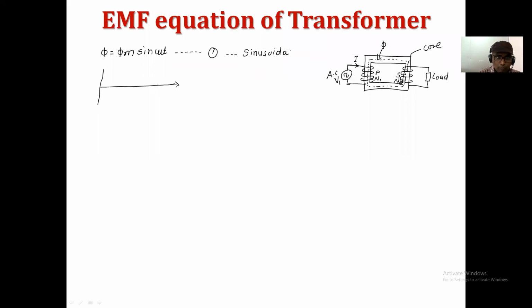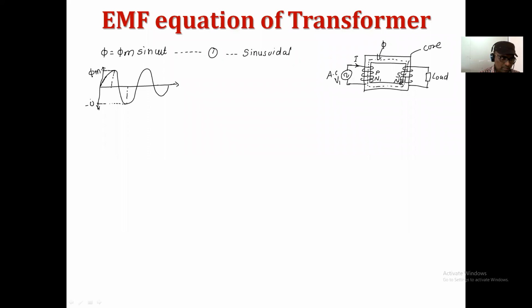Because the waveform of the flux is the same as a sine waveform. That's why we call it a sinusoidal waveform or sinusoidal quantity. So here, if you observe, this is the maximum value of the flux, which we can represent as phi m in the positive cycle, and this is the maximum value of the flux in the negative cycle.